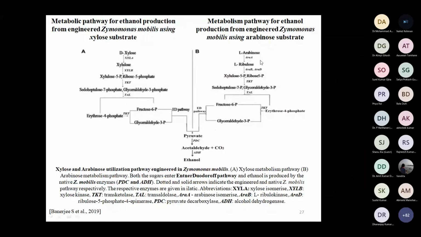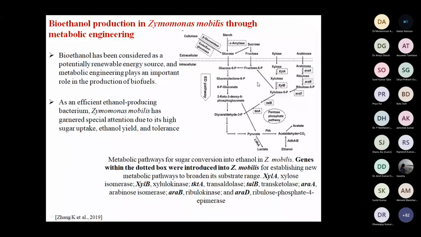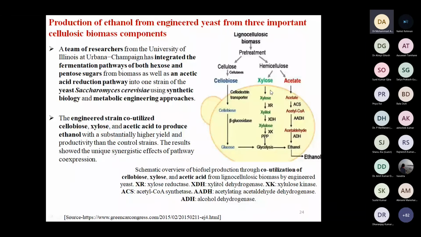That can be achieved, provided you are degrading it in a very judicious manner, like I have shown you here, how pre-treatment is done to achieve the different parts from the lignocellulosic mass.